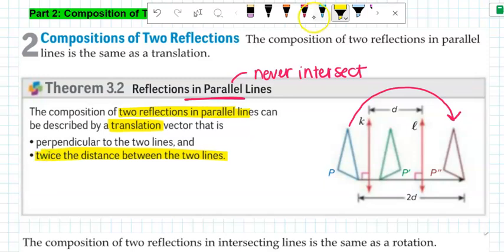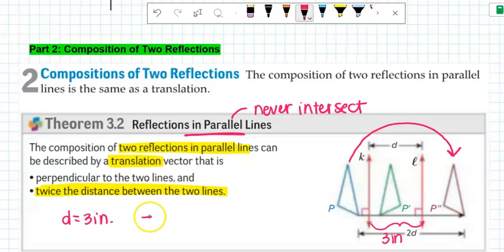between the lines. Okay, so for example, let's say this distance here was 3 inches. Okay, our distance between the lines was 3 inches. From the very beginning to the very end, remember we translated it, so this would be called a translation. And we actually double the distance.